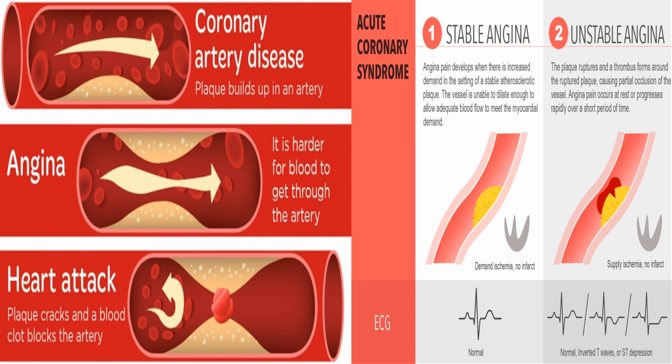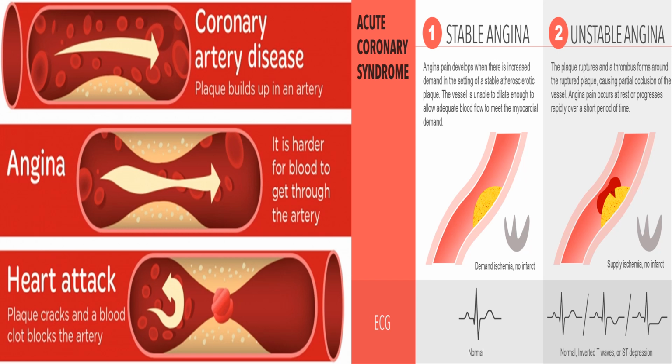Here you can also see the difference between stable and unstable. What happens in stable? The vessel is unable to dilate enough to allow adequate blood to meet the myocardial oxygen demand. And what happens here? Partial occlusion of the vessel, as you can see. Angina occurs even at rest. And here you can see ECG changes.